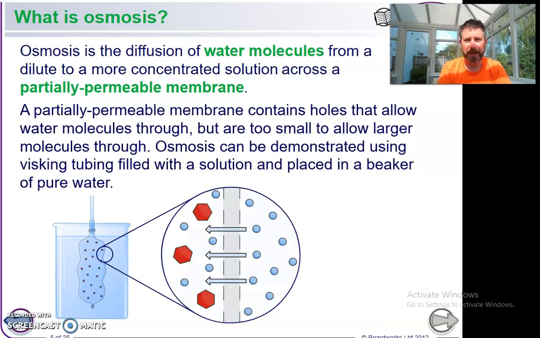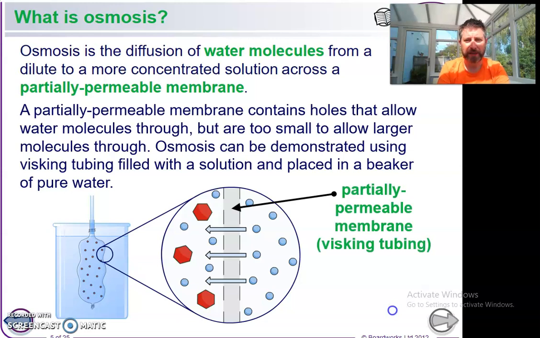And that again is another significant transport of materials in a plant. So water moves from a high concentration of water to a low concentration of water through a partially permeable membrane. And again, that's a passive process because no energy is required for it to take place, because it's moving from a high to low concentration.